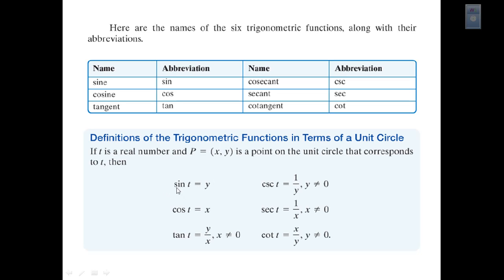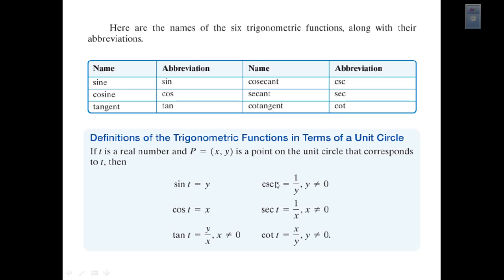You'll notice here, sine t is equal to y, which we just learned, and cosecant t is just the reciprocal of sine. In other words, if sine t is y, cosecant t is 1 over y as long as y does not equal 0.